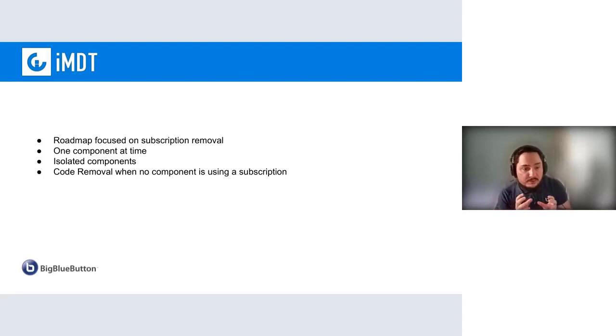We are also placing emphasis on isolating each component, because in the old architecture of the client side, we initially thought it was a good idea to have shared services like the video service that is consumed by all the components and a style component that's used by a few components.